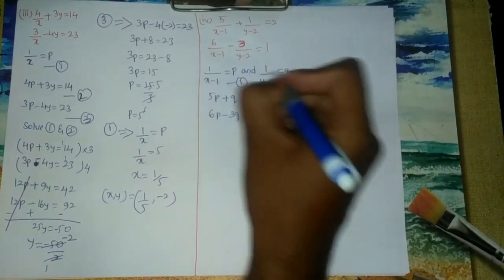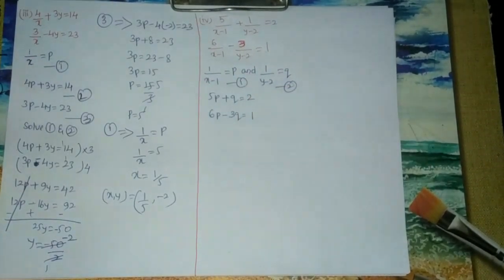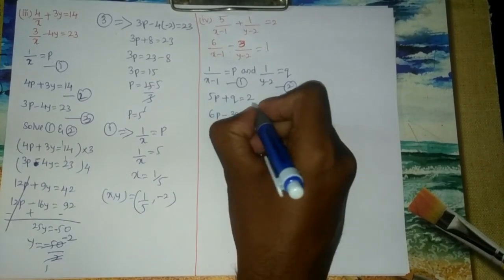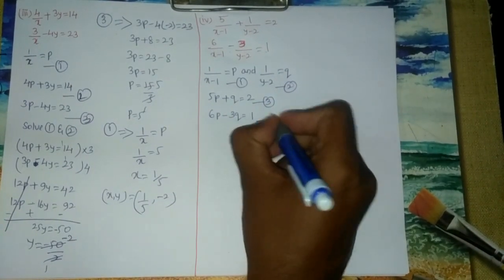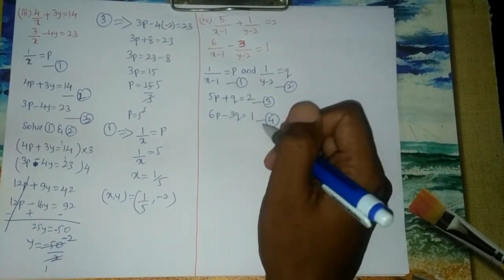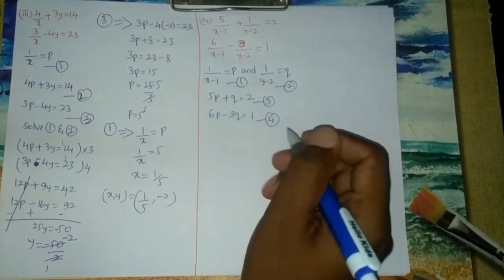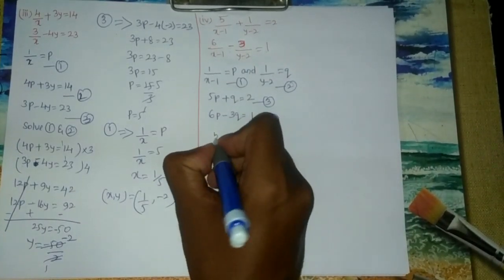Let me call this equation 3 and this equation 4. Equations 3 and 4 are a pair of linear equations. We can solve them by any one of the methods. I will go with the elimination method.